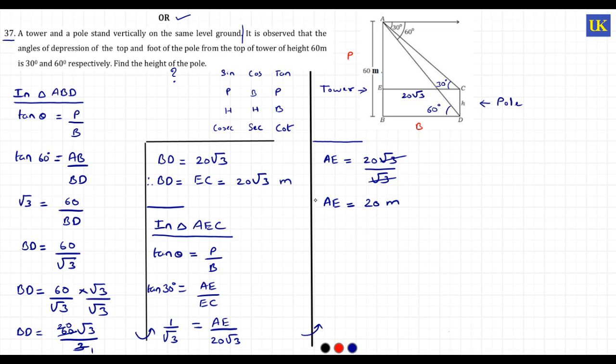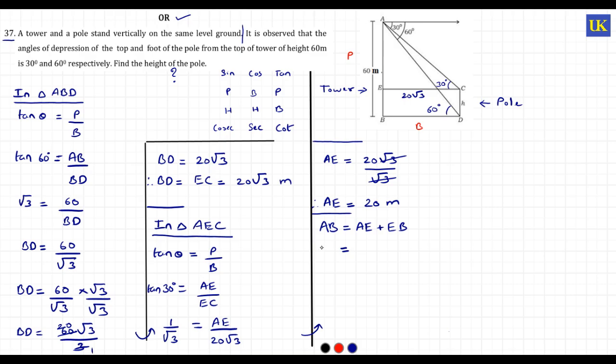So we got AE now. What will we do now? We know that AB side we can write like this: AE plus EB will be equal to AB.